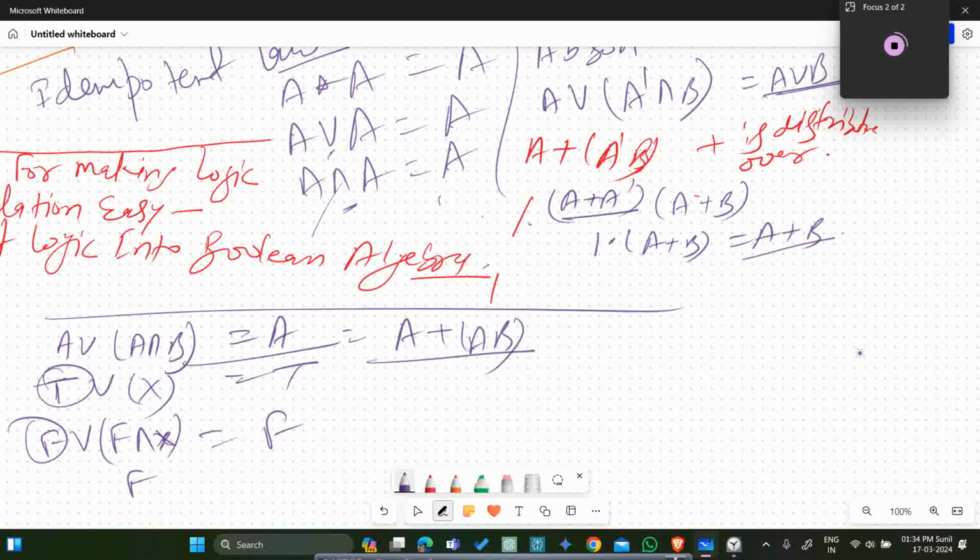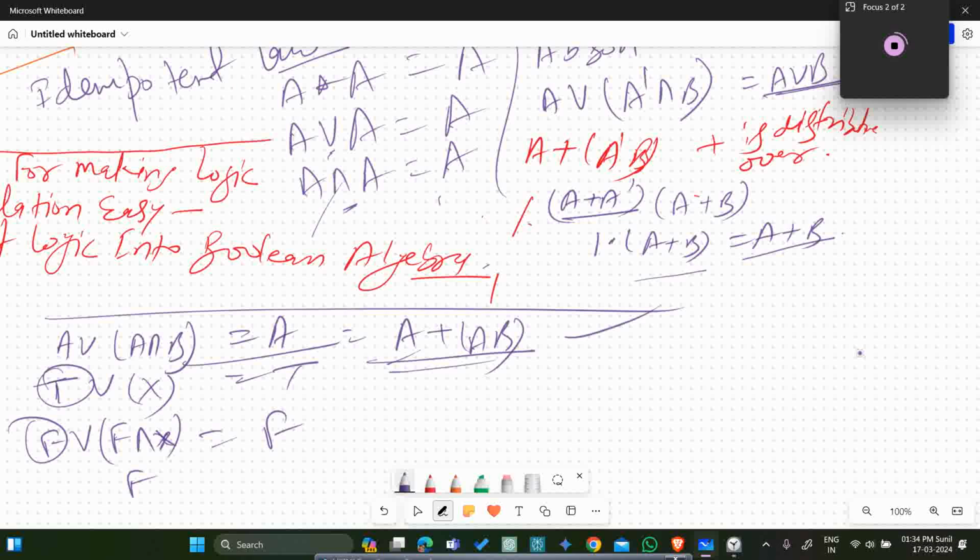This is logical. We cannot prove this by truth tables or these Boolean algebraic laws. We can only do this by A plus A is A, then A plus B. This is how it goes.